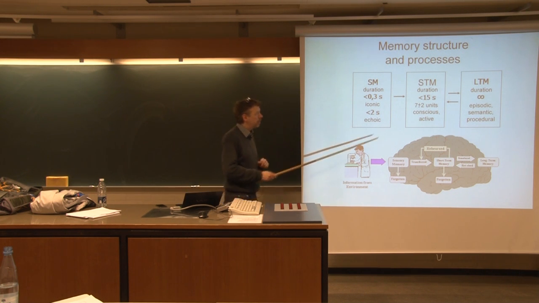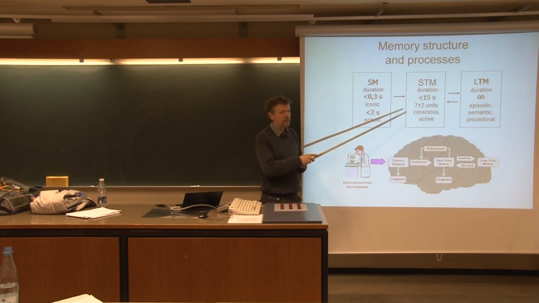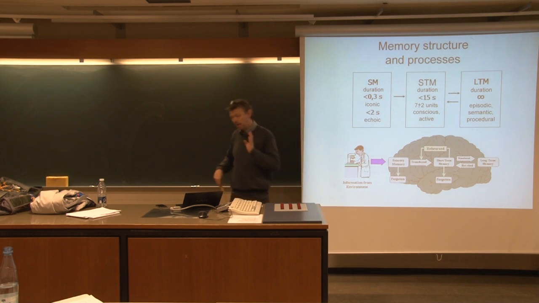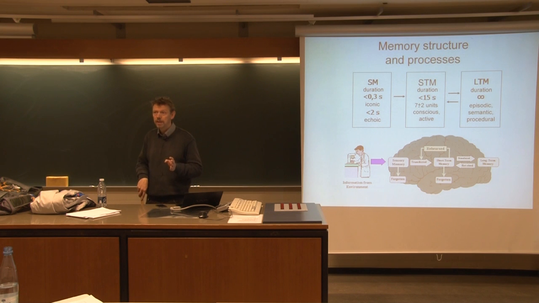What is also important for the short-term memory is that it's highly subject to interference, which means that during this time, before you store it in a long-term memory buffer, you are really prone to lose that memory again if there is something else which interferes with it.